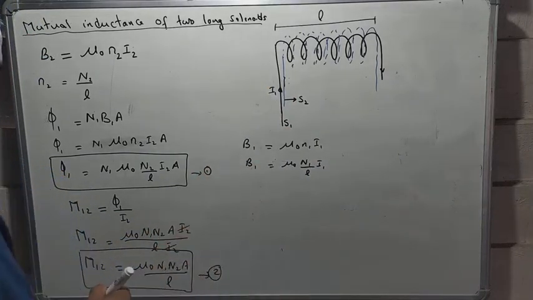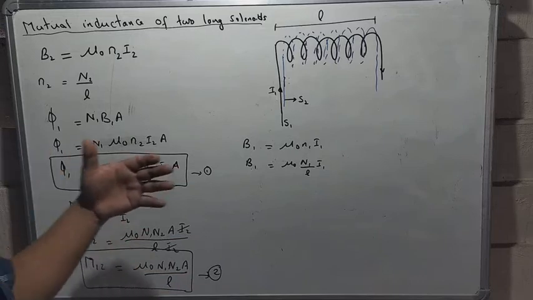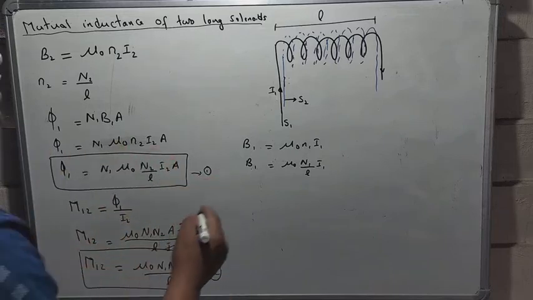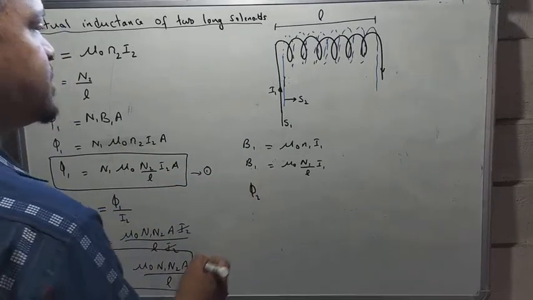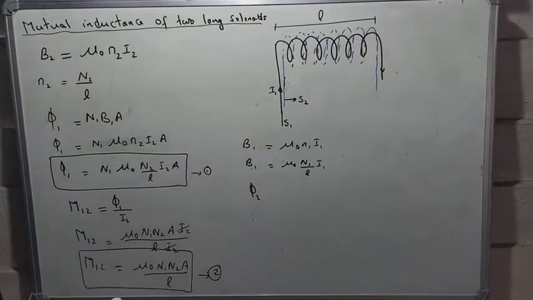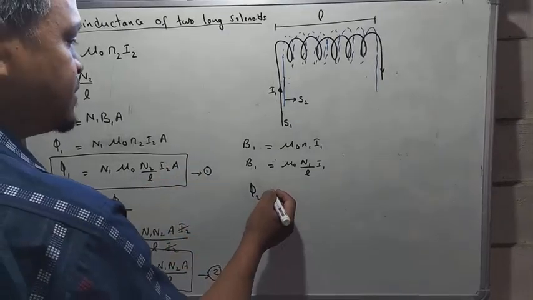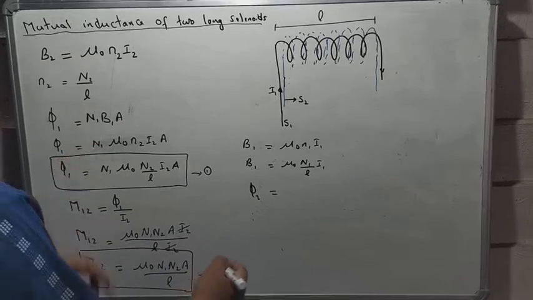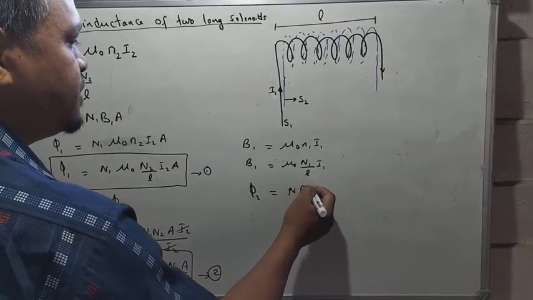This magnetic field is a changing magnetic field which produces a changing magnetic flux, and that magnetic flux is linking with both solenoids. So the magnetic flux which is passing through the second solenoid would be, same as before, NBA.